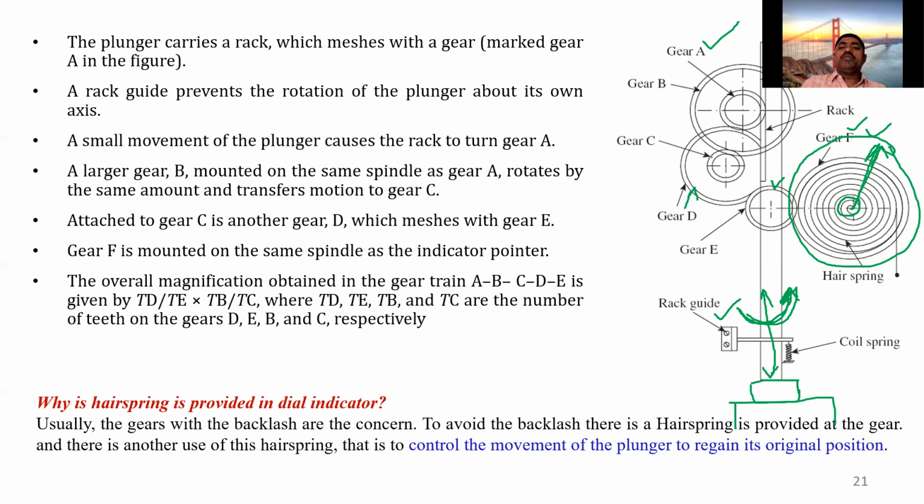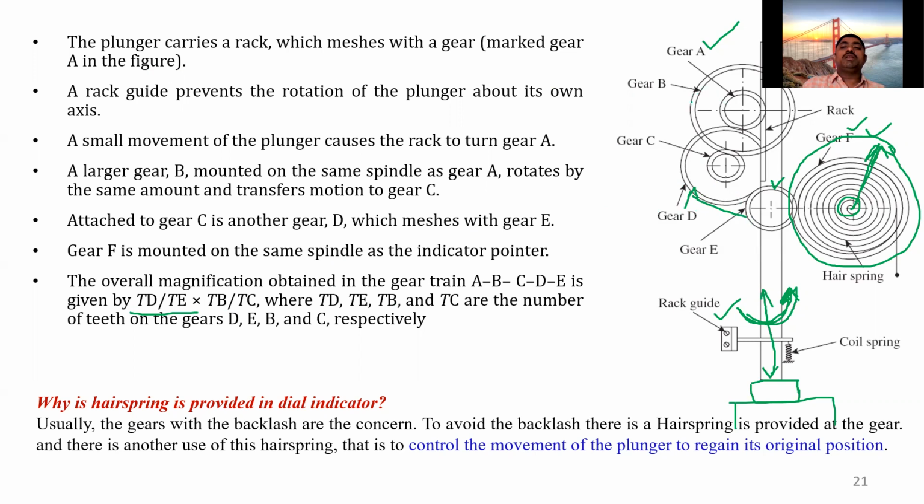So the overall magnification obtained through this gear train A, B, C, D, E is, one, the number of teeth on the gears divided by the number of teeth on gear E. You will get one set of magnification here, and there is another set of magnification we obtain.